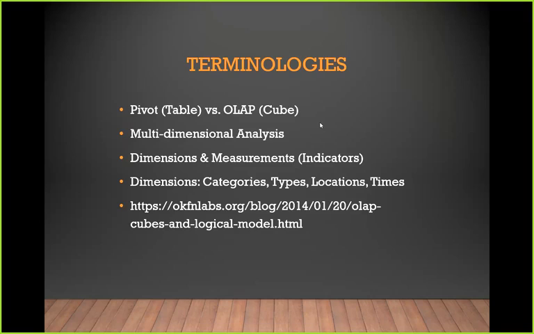It's a plane, so the x and y axes represent the idea of a two-dimension analysis. OLAP is actually nothing more than extending those two dimensions to 3, 4, 5, or even more dimensions, right?